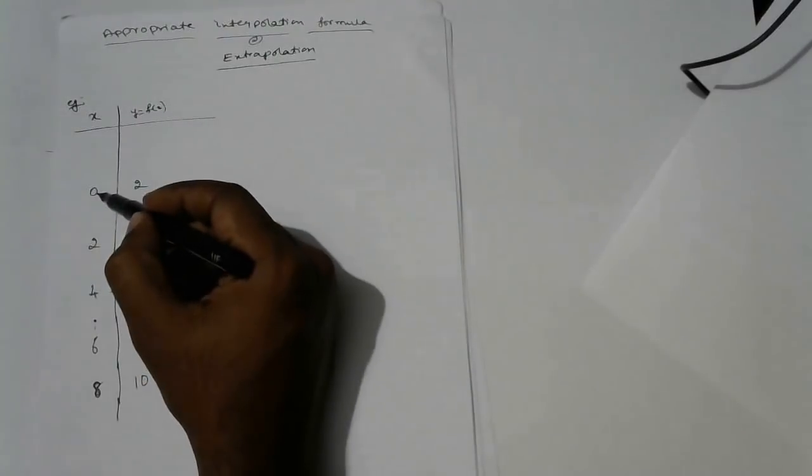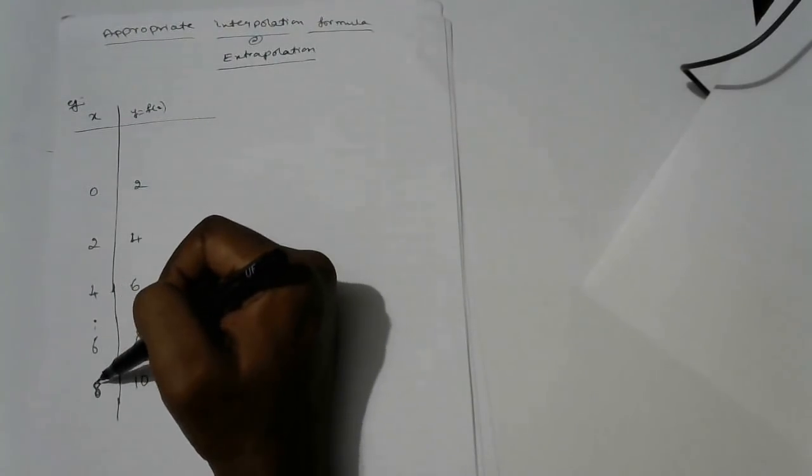So here I will take an example. For x equals 0, y equals f of x is 2, and for 2 it is 4, and for 4 it is 6, and for 6 it is 8, and for 8 it is 10. First you have to remember, when you apply Newton forward and backward formula, x values should be equidistant.